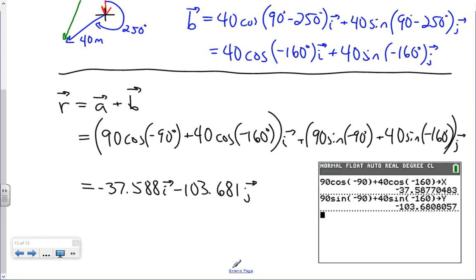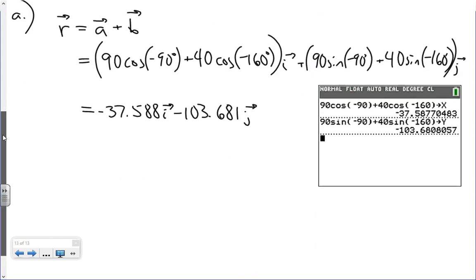All right, so there is our vector that we're looking for. This is part A of this problem, by the way, coming up with the resultant vector. Now they wanted the resultant displacement vector though, so let's go ahead and find the actual magnitude and direction for this vector. Technically we have the vector here, but I want to find the magnitude and direction as well.